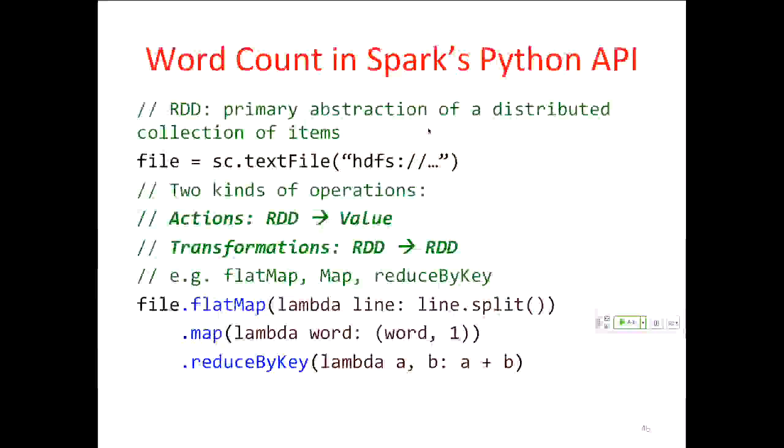Okay, so it turns out it's simple. Do you know what the difference between flatMap and map is here? Any ideas about this? Okay, here's the explanation. For this one, we are looking at each line of the document, okay?